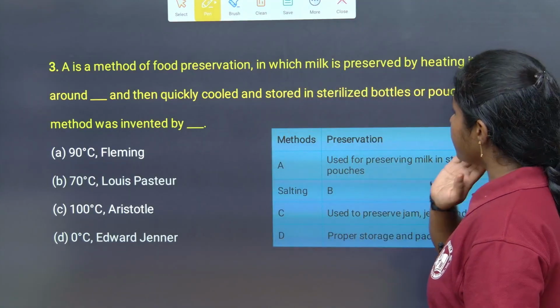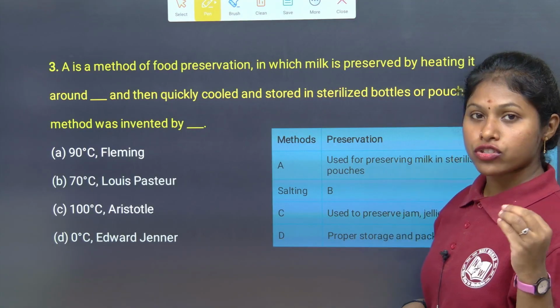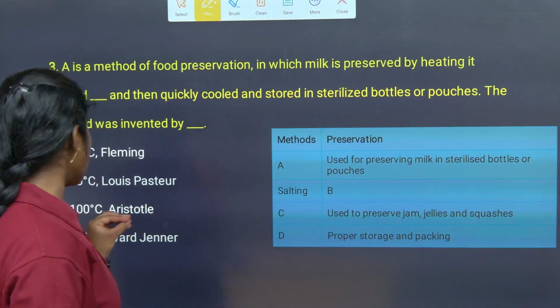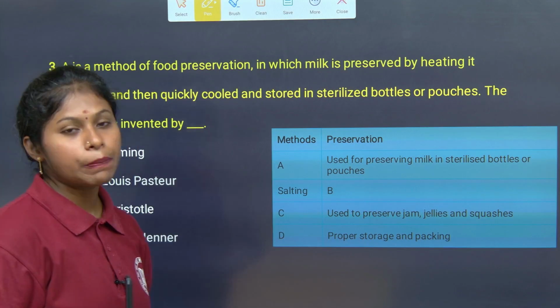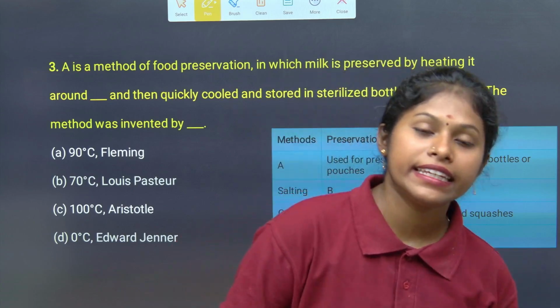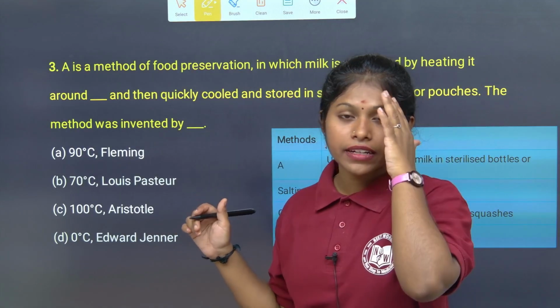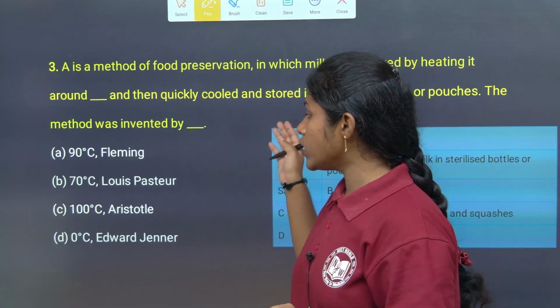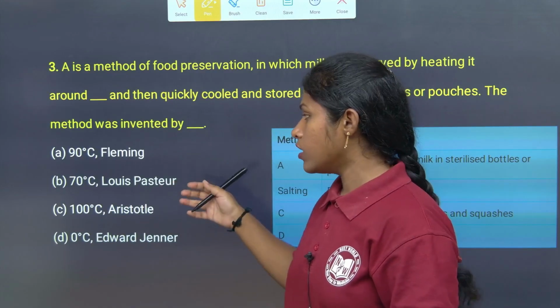So who invented it, and why do they call it the pasteurization method? Because the scientist Louis Pasteur discovered this method. That is why the method's name itself is pasteurization, because the scientist who discovered the pasteurization method is Louis Pasteur.